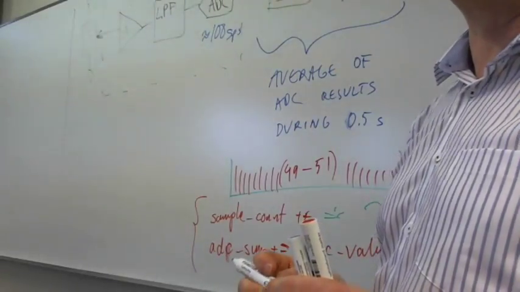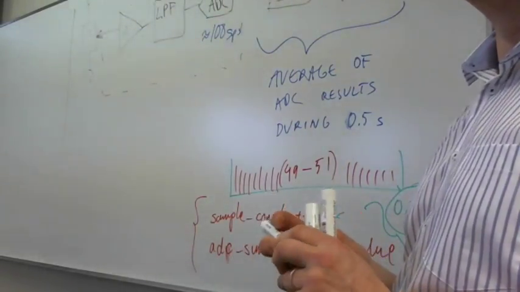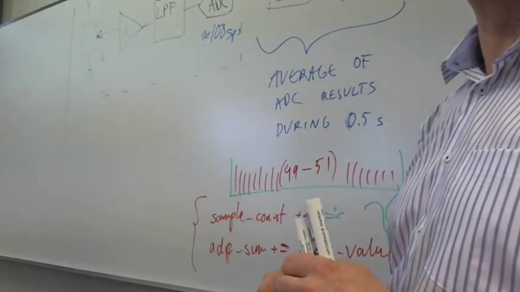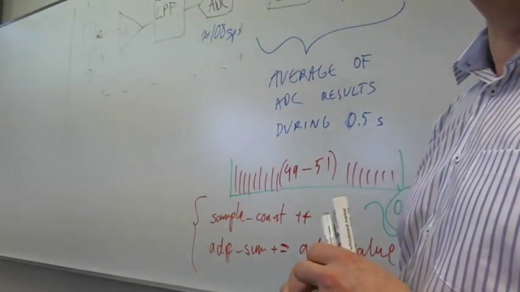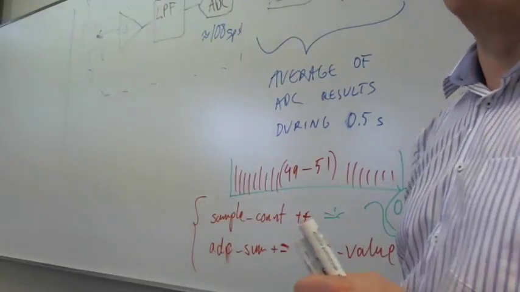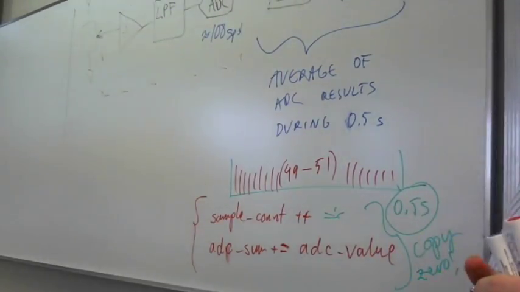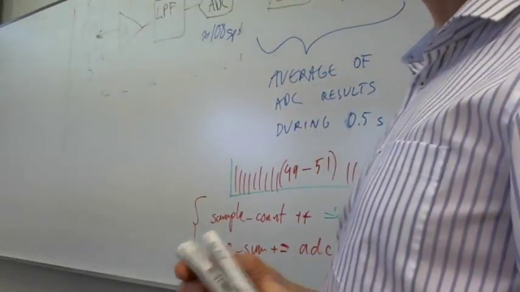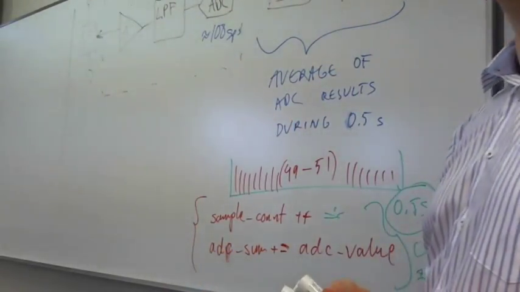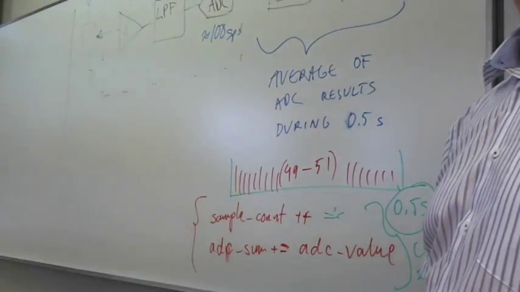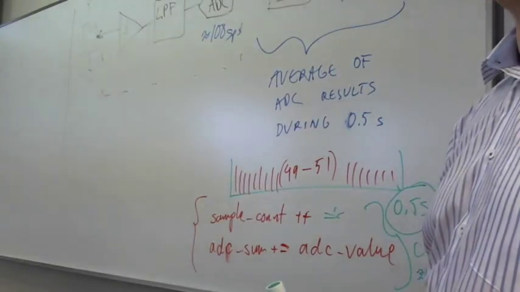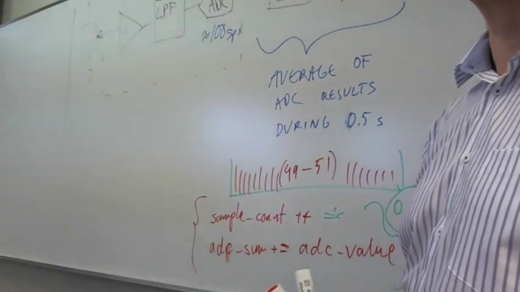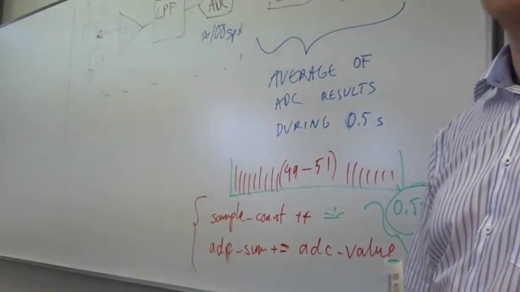Division takes at least 200 instruction cycles on this 8-bit processor. Division is a slow process. Multiplication is a little bit faster, but division is generally the slowest instruction on a processor which does not have any mathematical unit. Most modern processors do have a mathematics unit, but this 8-bit processor does not.